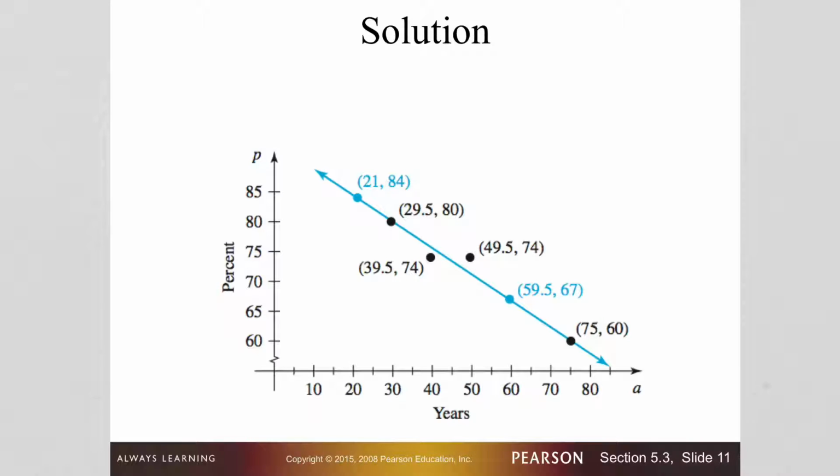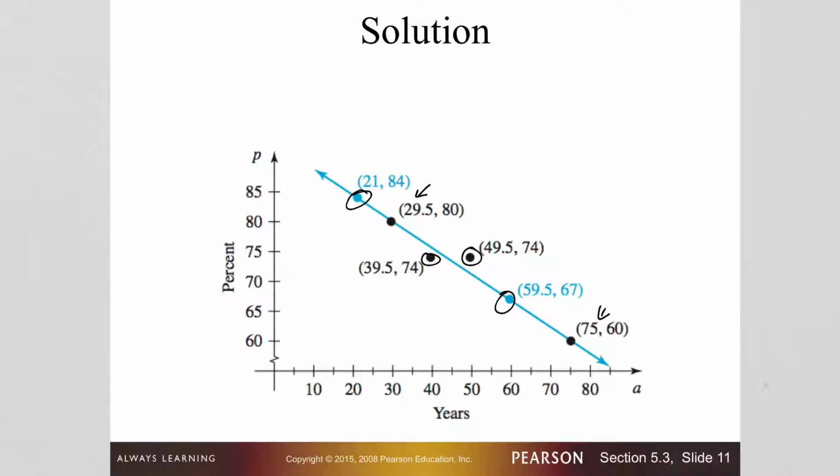Okay, so here's what the graph looks like. Notice how the blue dots are the points that they used in order to create their line of best fit. And notice how they have really 2 more that lie pretty much on the line, and then they've got 2 more, one that lies above and one that lies below.